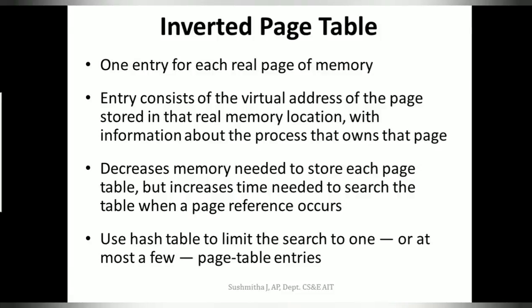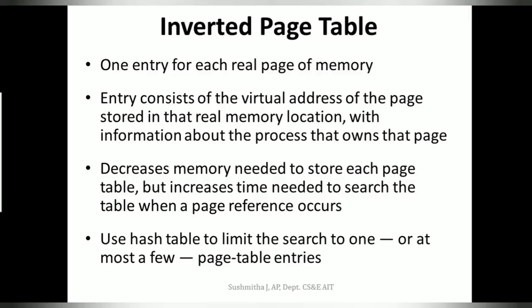The last page table structure we have is the inverted page table. There was another method proposed to have an individual page table for every process. So in a system, if there are n processes, there could be n page tables.